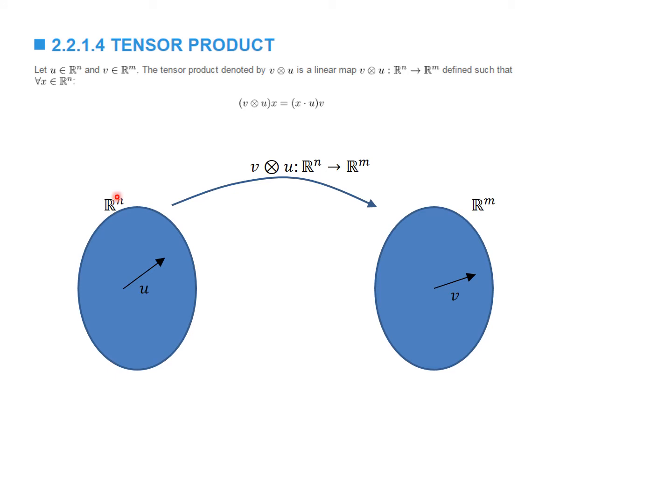Given two finite dimensional linear vector spaces R^n and R^m, and given two vectors u in R^n and v in R^m, the tensor product is a linear map denoted by v tensor u, defined such that it maps vectors in R^n onto v in R^m.